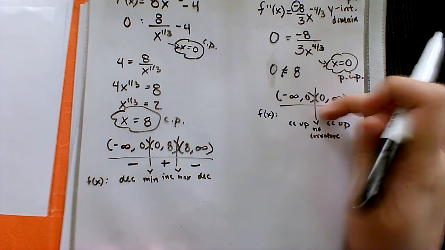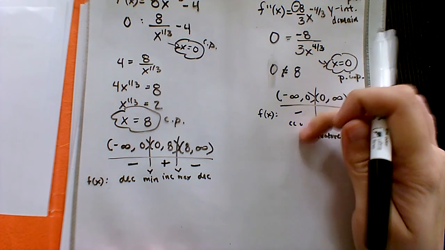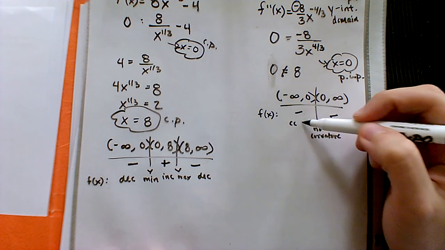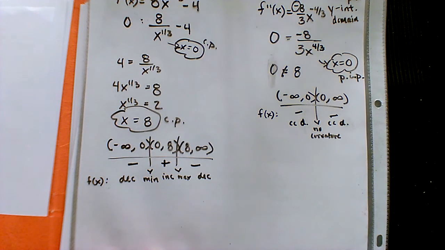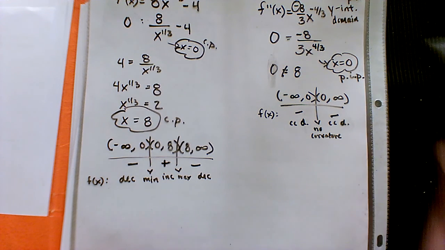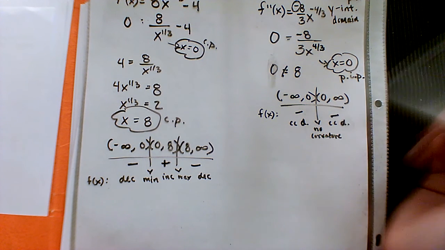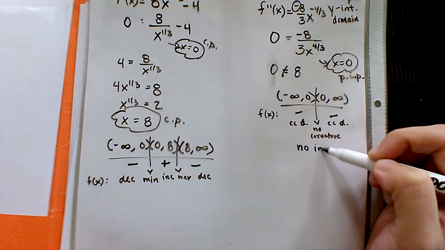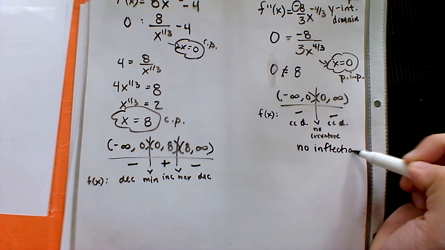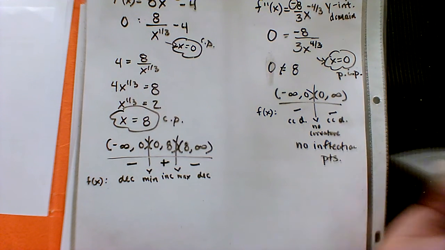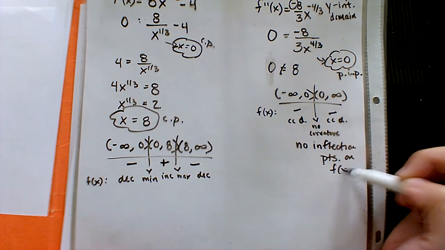So these should be negative, concave down, concave down. So notice how if we don't have a sign change, we have no inflection points on f of x.